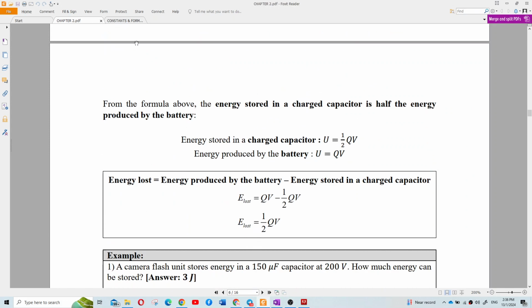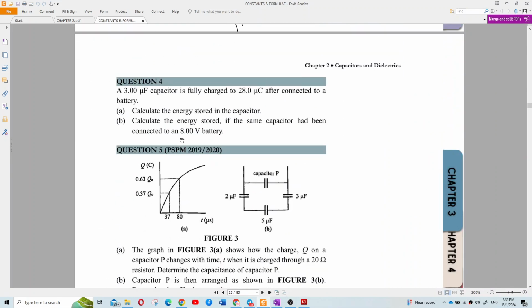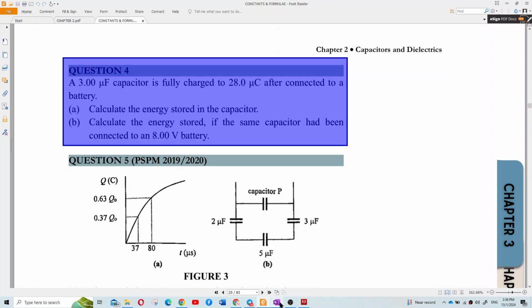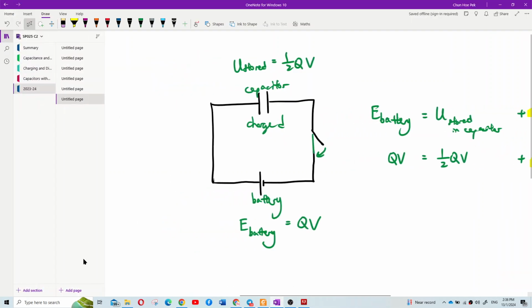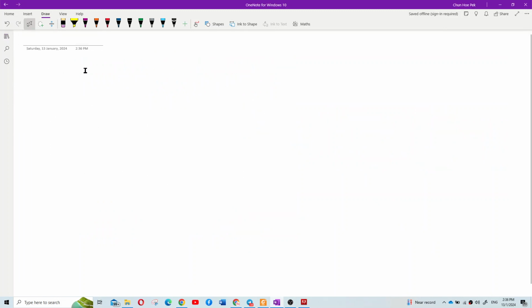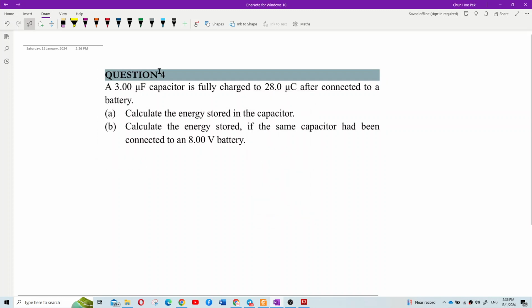So I want to go to the tutorial questions. Please look at question 4. Okay, let's do question 4. You are given a 3 microfarad capacitor fully charged to 28 microcoulomb after being connected to a battery.